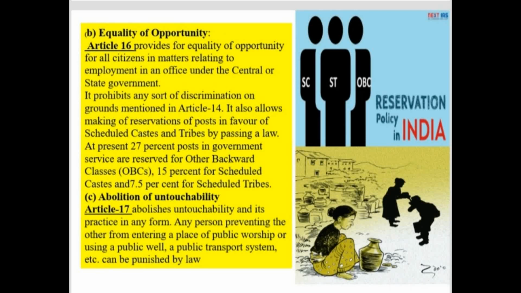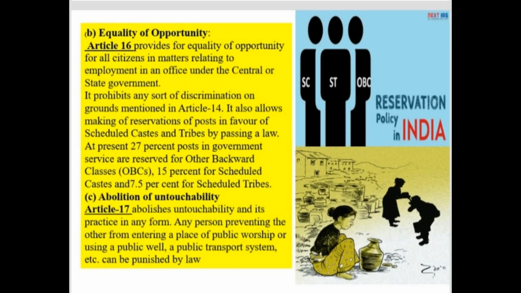Under Article 16, equality of opportunity is provided, and to give equal opportunity to the backward sections of society, there were some reservations. The purpose of reservation is to let them have equal opportunity even though they were neglected.